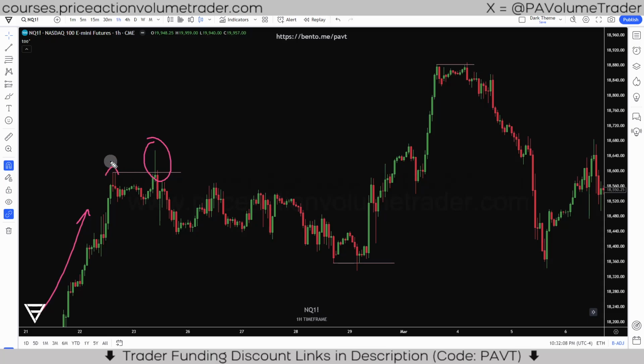So that means all the liquidity over here was tapped. Plus also, when we have this candle left over here, there's a lot of aggressive trap buyers, breakout traders in this case, that got caught on the wrong side because they started market buying and going long right here, only to reverse.